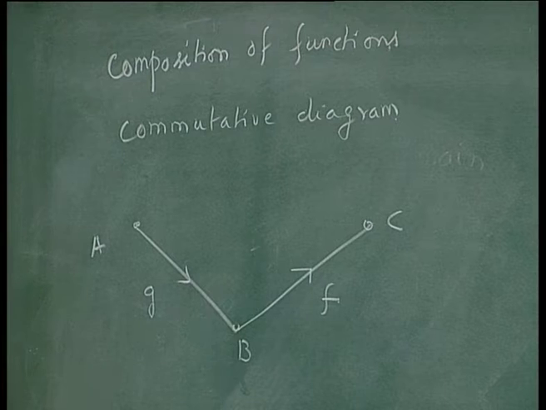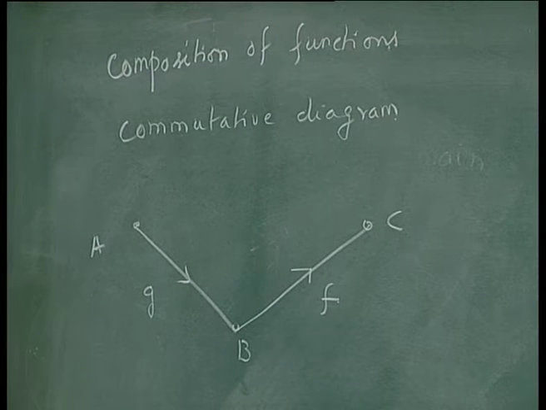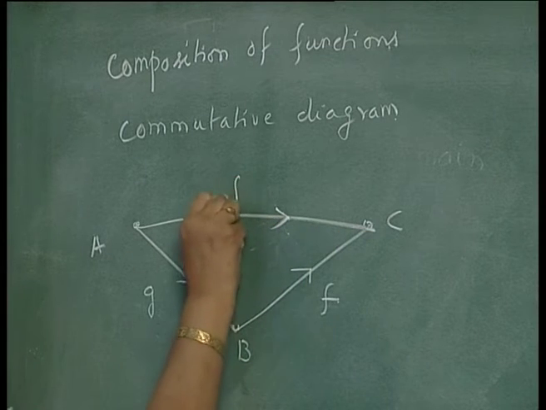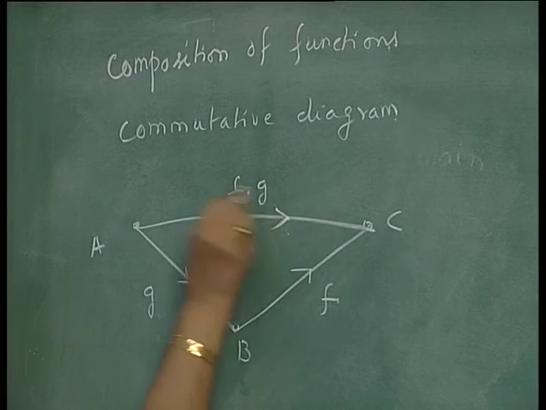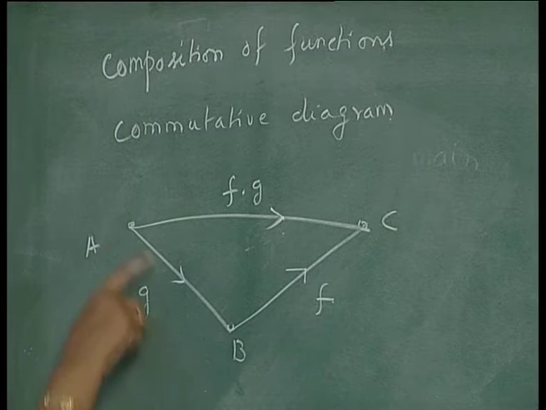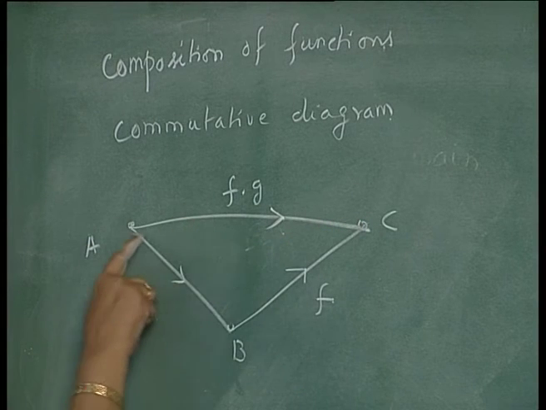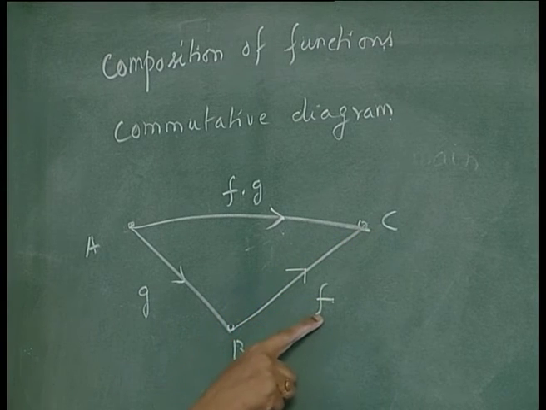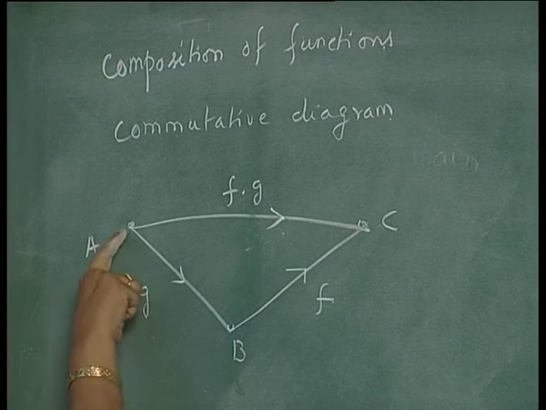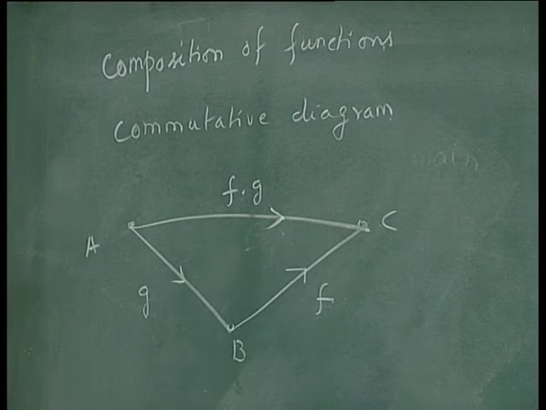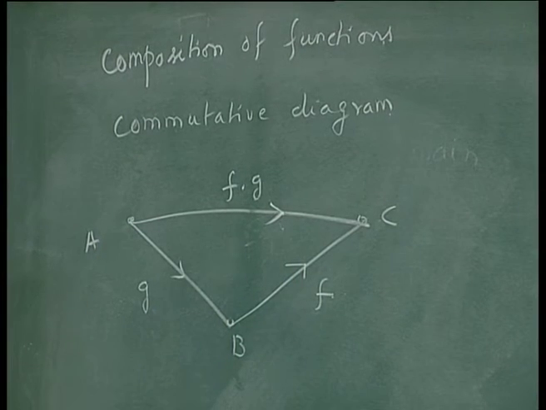Then when we combine, f dot g denotes a function from A to C. So, this is denoted as f dot g. Please note that it is not g f, it is f g. So, from A to B you have a function g, from B to C you have a function f, then f dot g is marked from A to C, right.